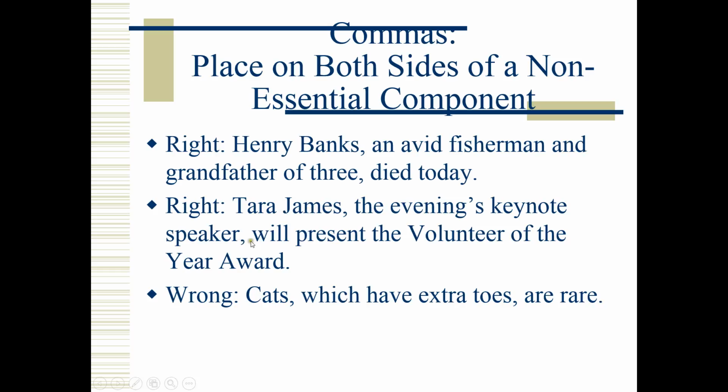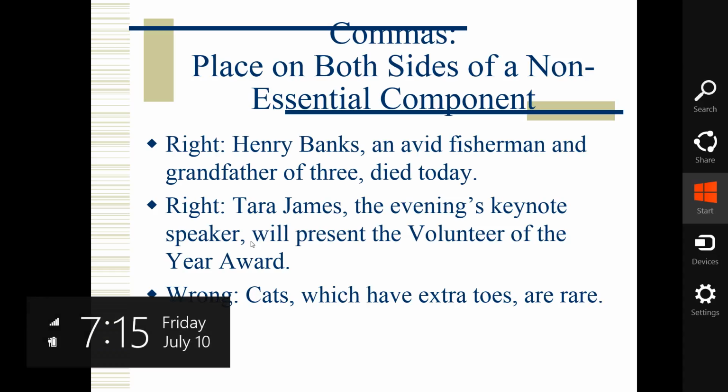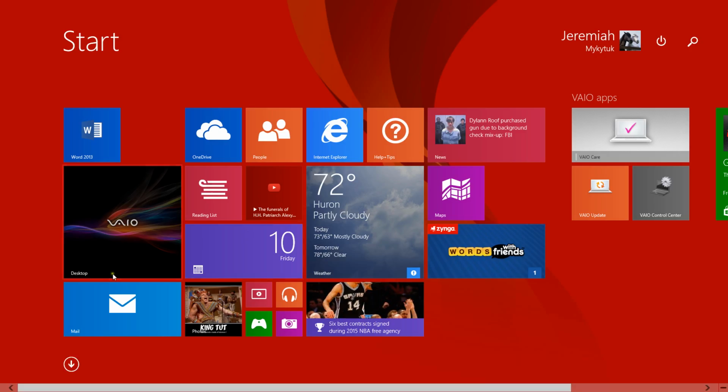If we just say, Tara James will present the Volunteer of the Year award, is that a grammatically correct and logical statement? Yeah, it is on both accounts. It fulfills both of those criteria because we have Tara James as the subject, will present as our conjugated verb pair, and what will she present? The Volunteer of the Year award.